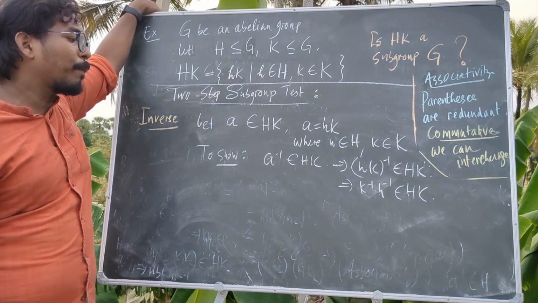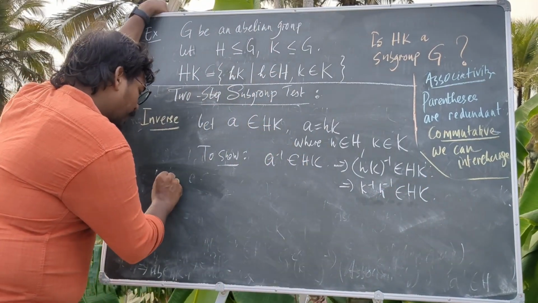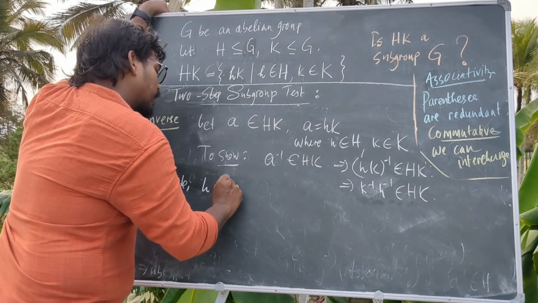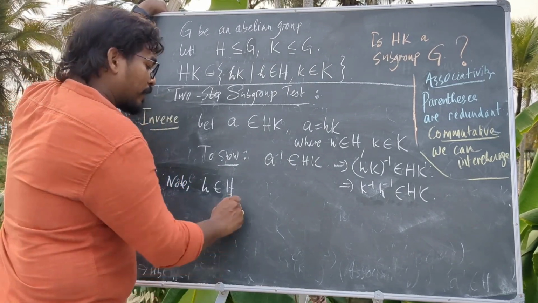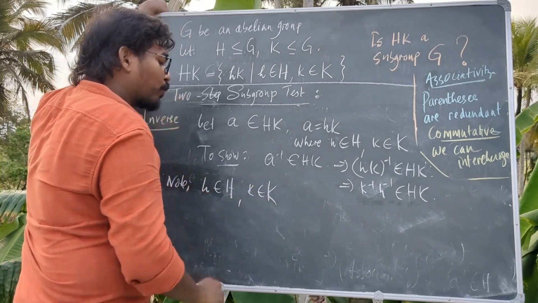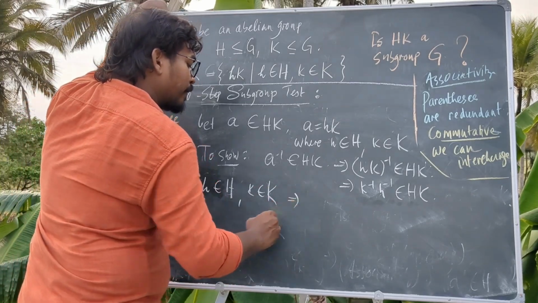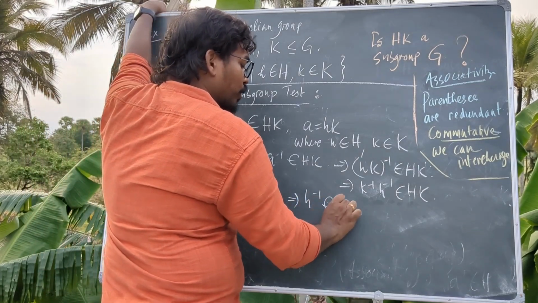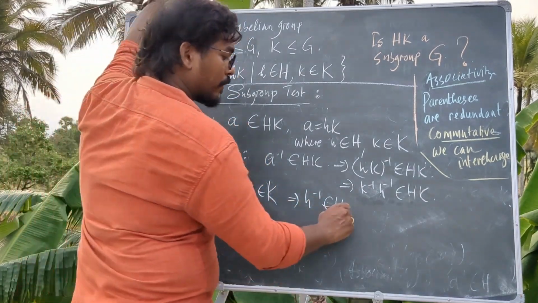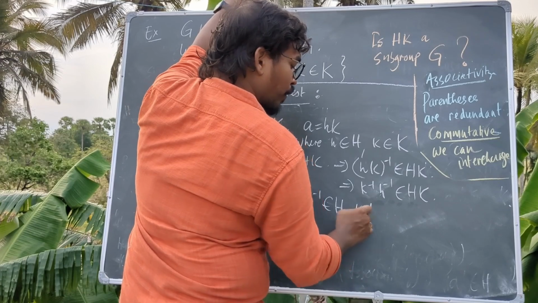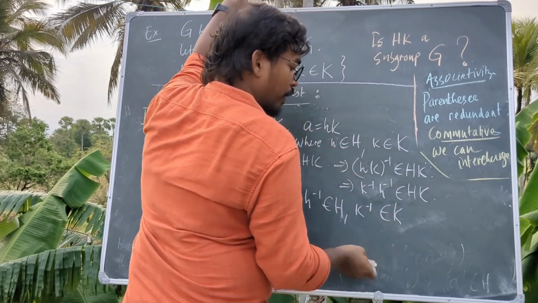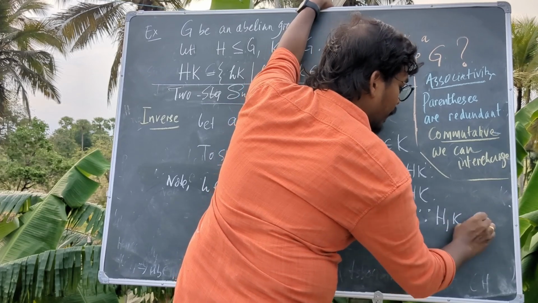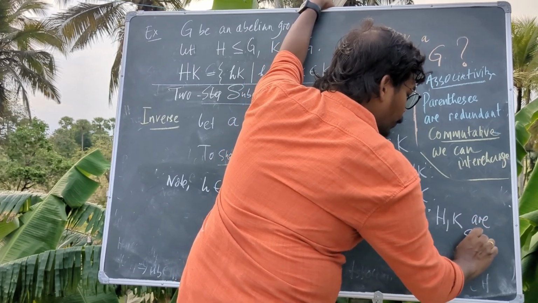By the subgroup property, we already have h an element of subgroup H, k an element of subgroup K, and since these are subgroups, h inverse belongs to the subgroup H, and small k inverse also belongs to the subgroup K, since capital H and capital K are subgroups.